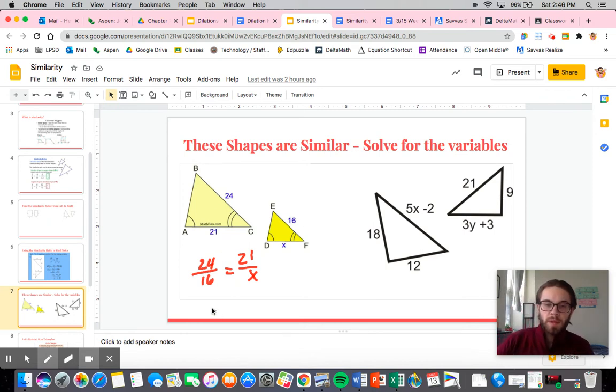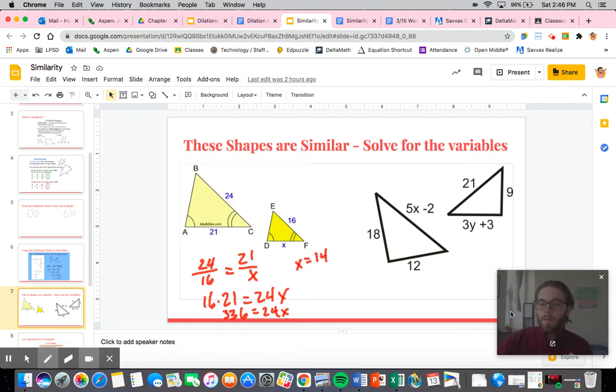So 16 times 21 has to be equal to 24 times x. Now, 16 times 21 is going to be 336. That's equal to 24x. When I divide both sides by 24, I get that x is equal to 14.